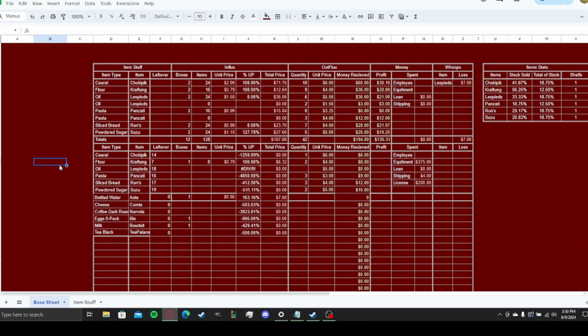Kind of wondering, do I make a side category for stuff? Maybe I just put it into whoopsie. Here's the thing: if I put it into whoopsie, because this is pre-made, right? I mean, it references other cells.